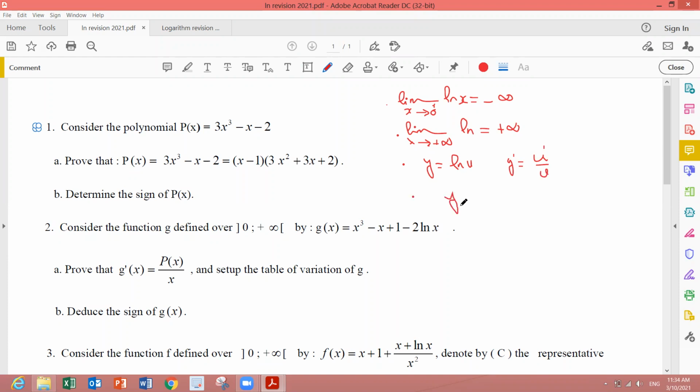Now, the antiderivative, or integral: the integral of dx over x equals ln x. The integral of du over u equals ln u.